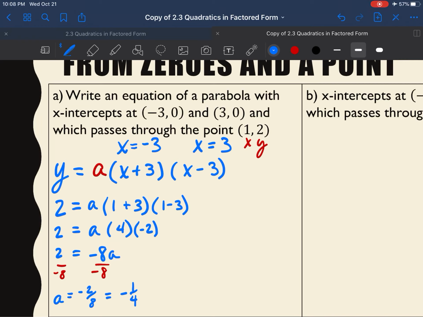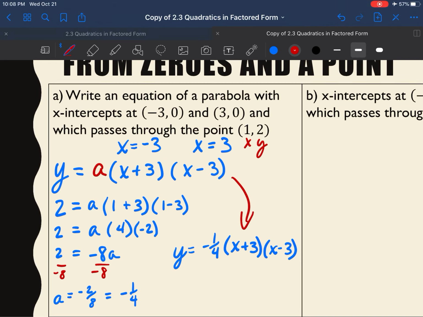So then that means that the equation is going to be y equals -1/4 times (x plus 3) times (x minus 3). Notice how I just took this problem and rewrote it, but now with the -1/4 replacing the a.